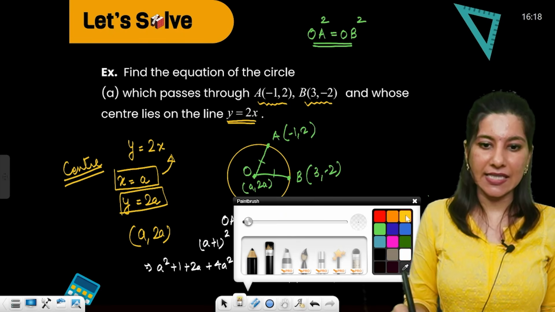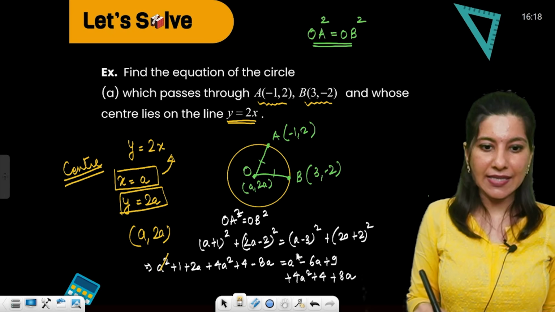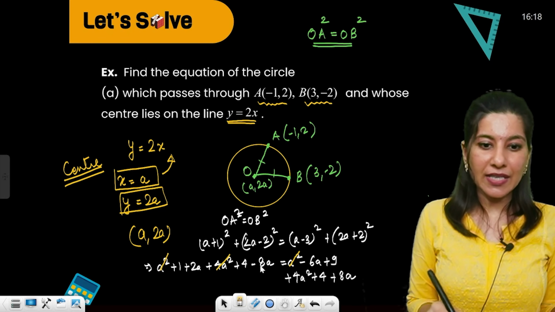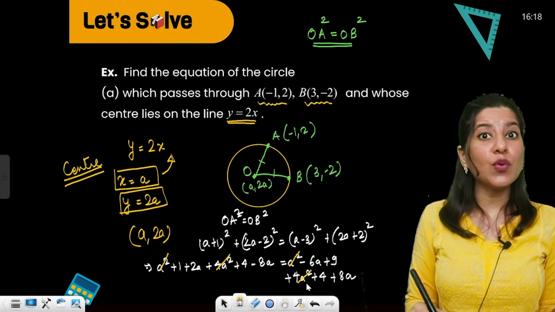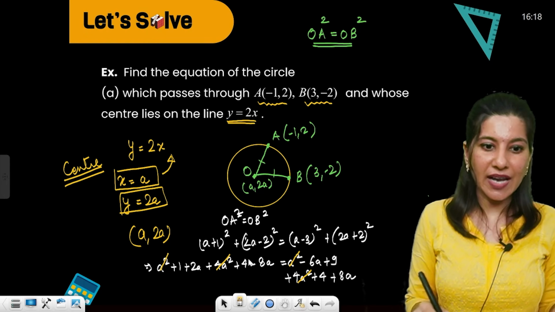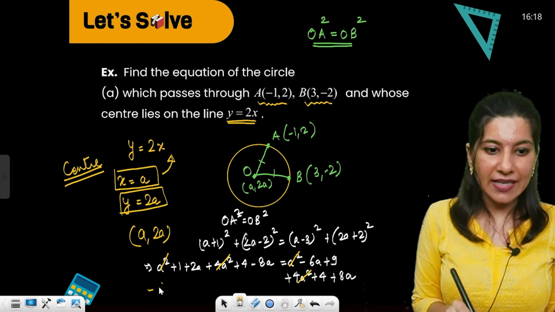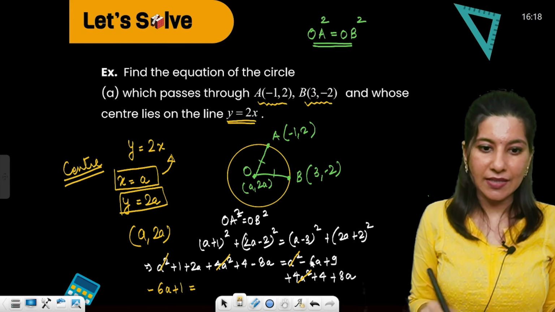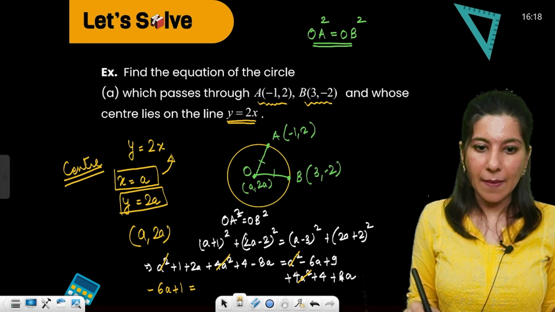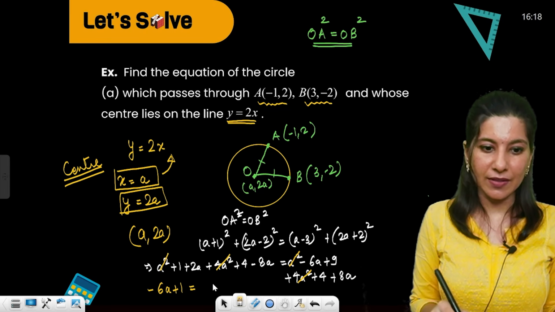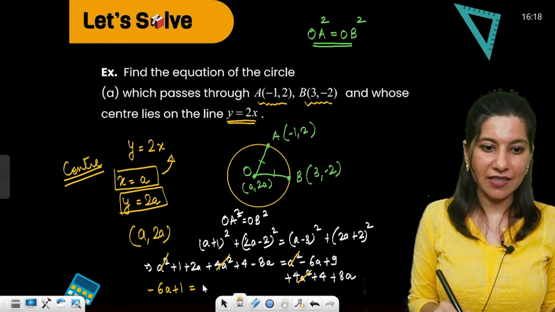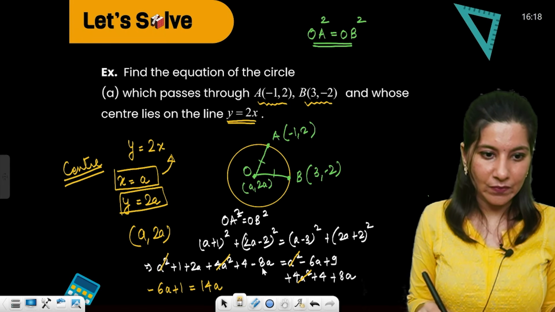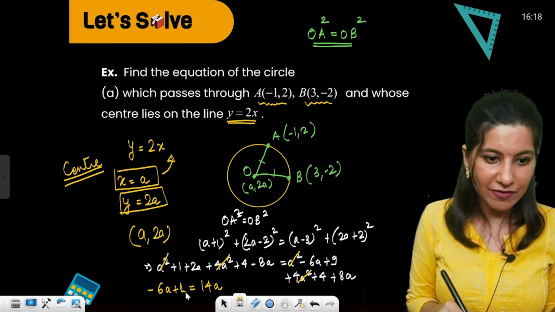Now let's start cancelling the terms. a square is getting cancelled out with a square. 4a square is also getting cancelled out with 4a square.